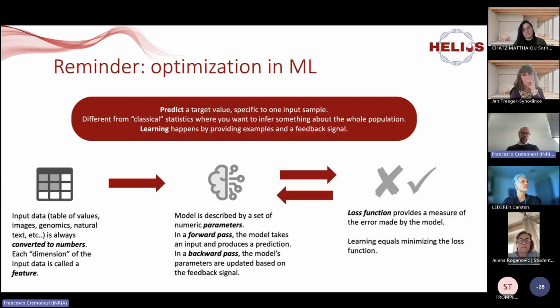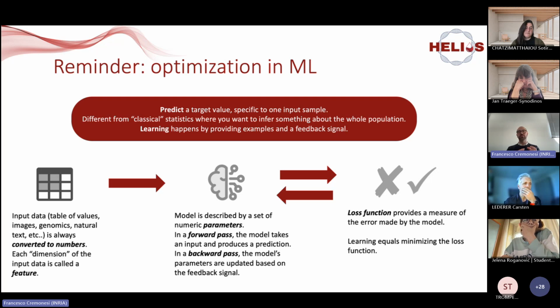And then again, you have something that's called a model, which is basically a black box that takes this input and outputs a prediction. And the important thing to know is that this model, this kind of machine, this mathematical formula that takes the inputs and gives you a prediction, can be described by a set of numeric parameters.